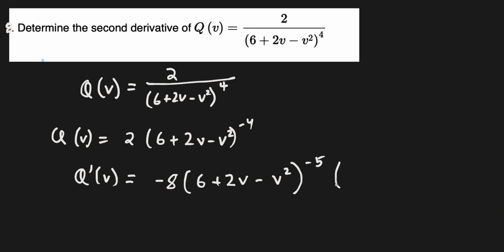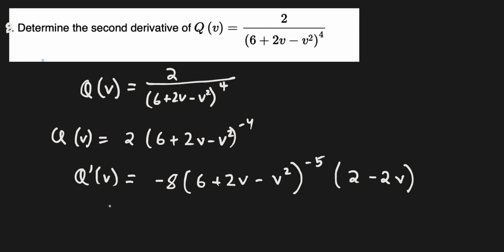The derivative of the inside is just going to be equal to 2 minus 2v. I don't like the way it's written, but you could have just rewritten it as negative 2v plus 2. Same thing. All right. So this is technically your first derivative. And we can combine some things, but let's leave it like this for now. Let's just work with it like this.